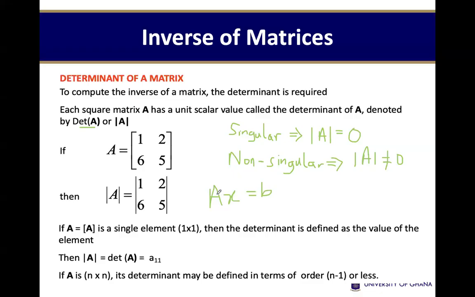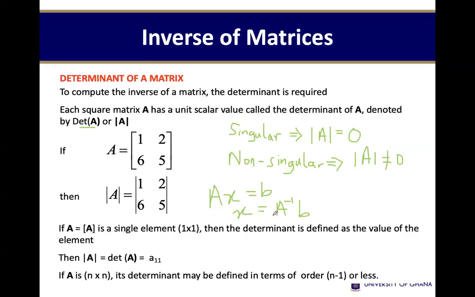So I'm going to have the identity I multiplying X, and we know that an identity matrix multiplying X will always give you that particular X. So it gives us X equals A inverse multiplied by B.